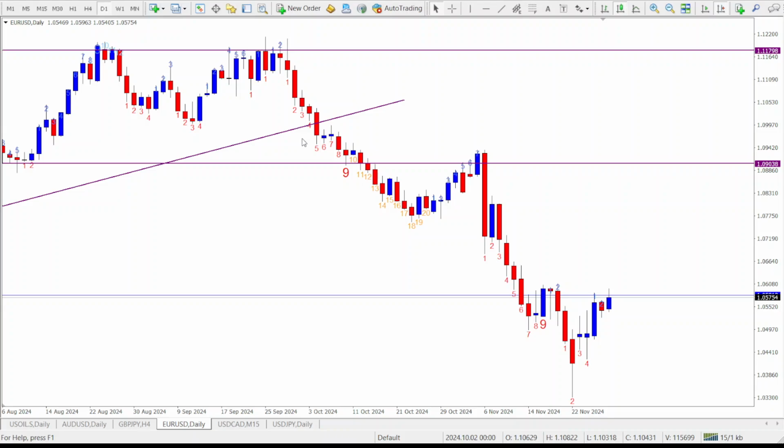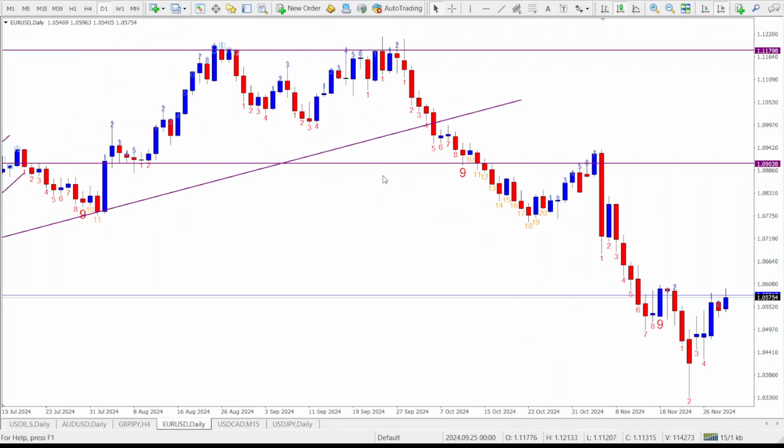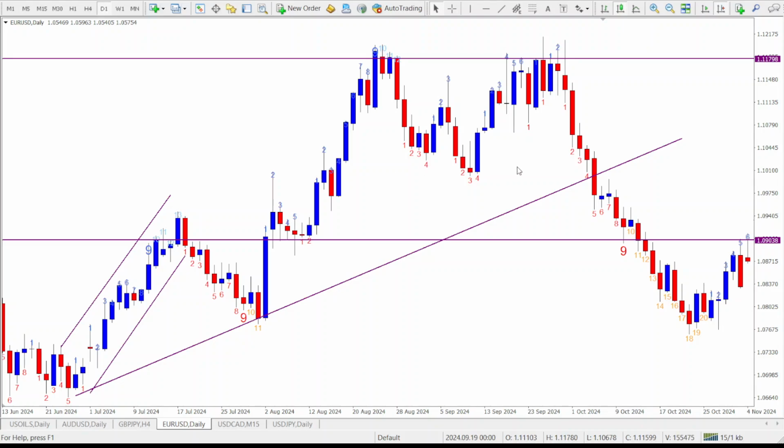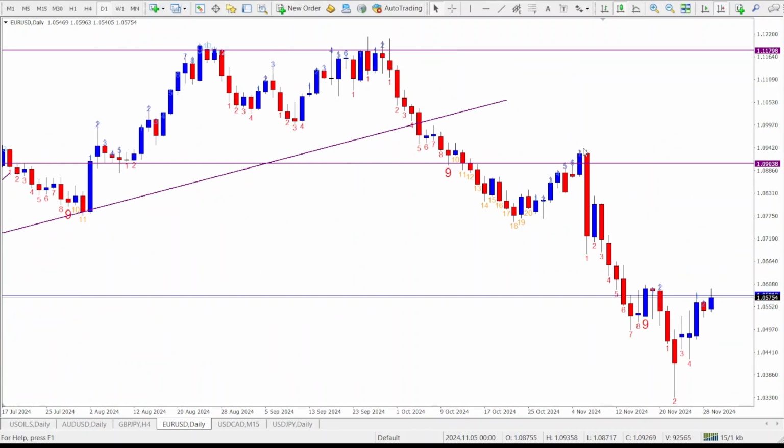You can see that the red numberings and orange numberings signify that there is actually a downward trend. Within this downward trend, you can be looking for sell opportunities, and also make sure you get confirmations.